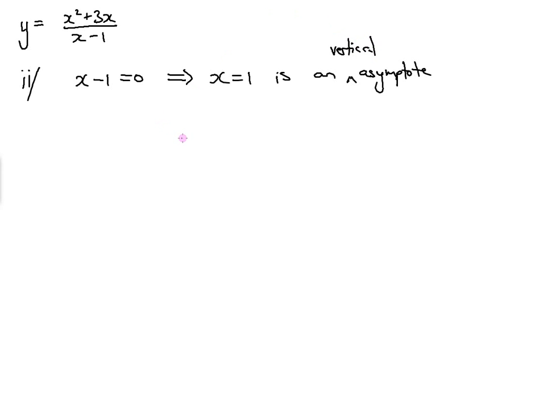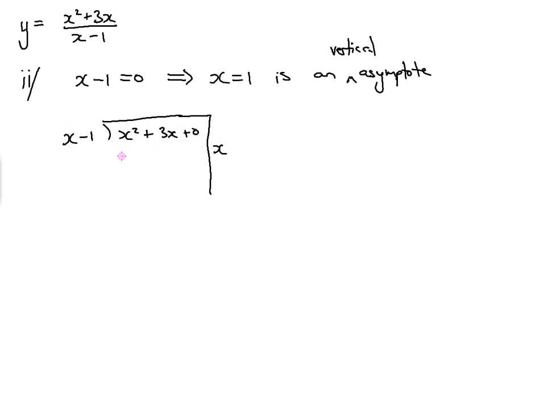What's the other one? Well, for the other one, we need to actually do some long division to simplify this expression. So we're going to divide x squared plus 3x plus 0 by x take 1. Now my way of long division looks a little bit different, but it's basically the same. Instead of putting the numbers up here, I put them down the side. So the first thing I'm going to multiply this by to get it the same as the first term is x.